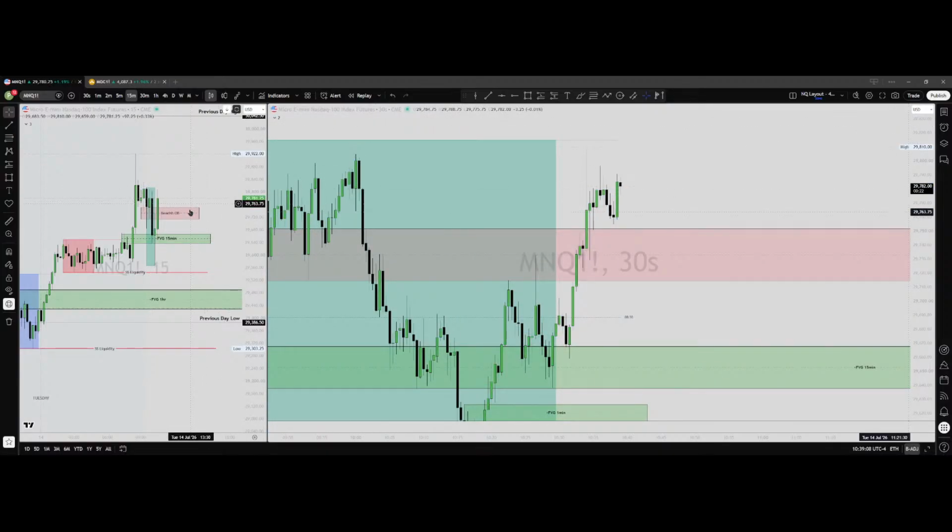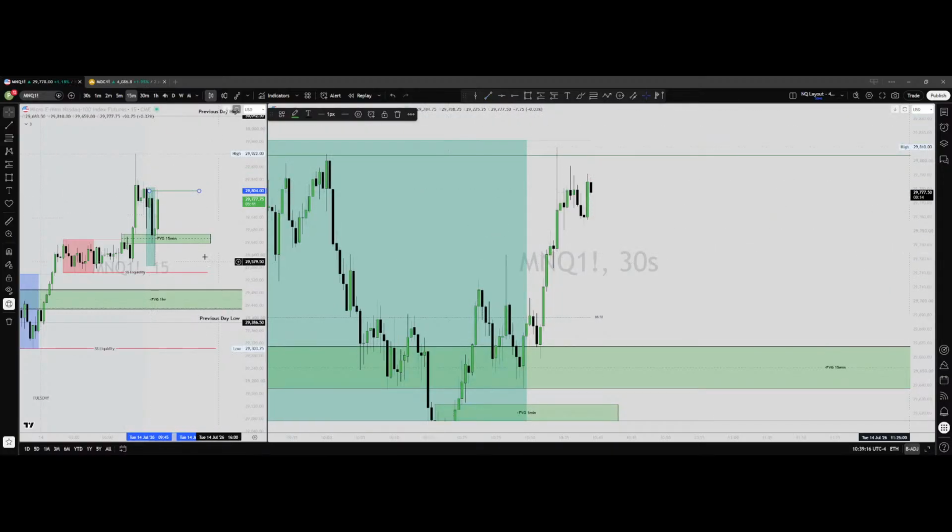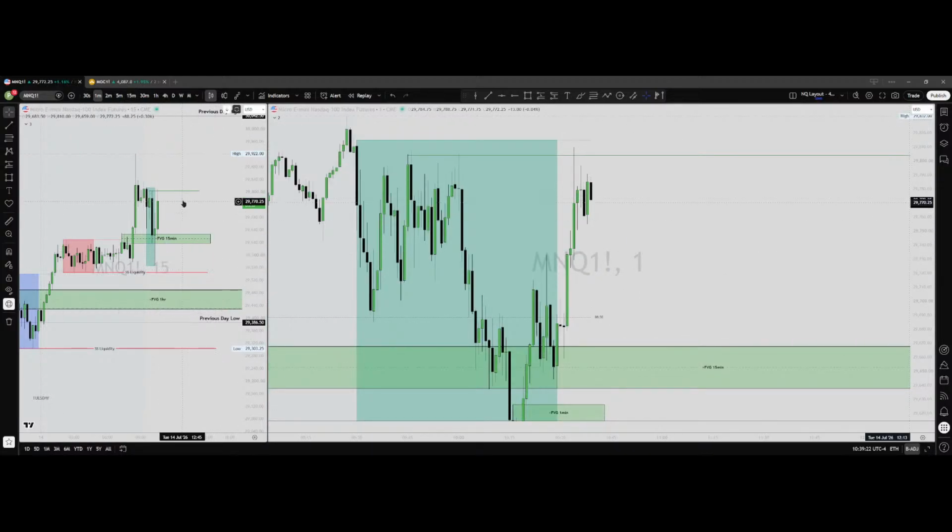Okay, so that's it. This bearish order block taken out, and now watch this level up high. It's just taken out this candle high. Now if price reverses from here, it will be looking to move lower.